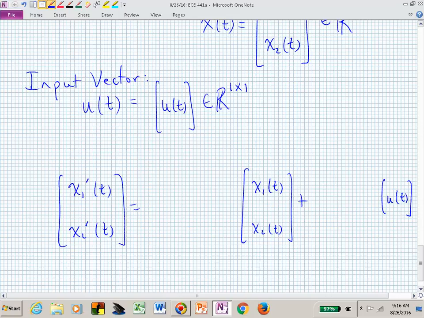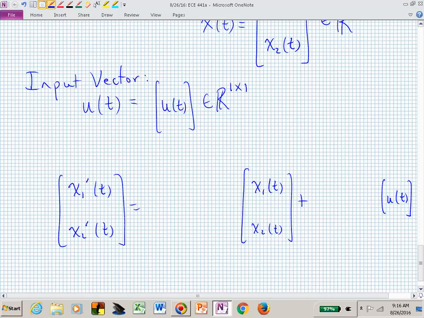How big is it? This equation has to be consistent or compatible, meaning the left-hand side is a vector that's 2 by 1. That means everything on the right better give me a vector that's 2 by 1 when I multiply it and add it together. I now have some matrix which multiplied by 2 by 1 needs to yield a 2 by 1.